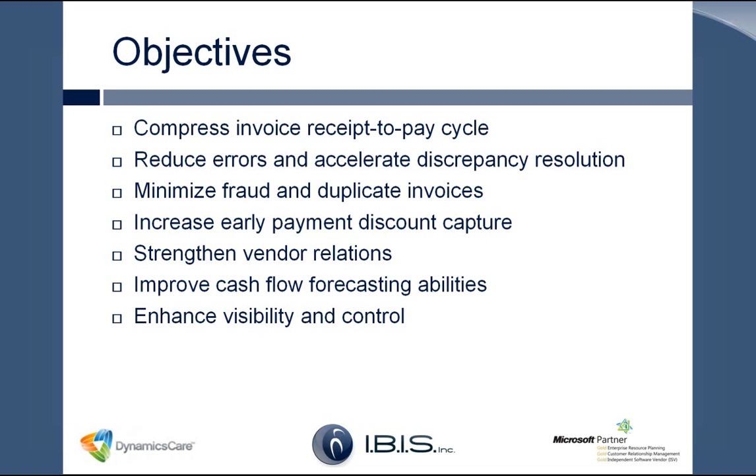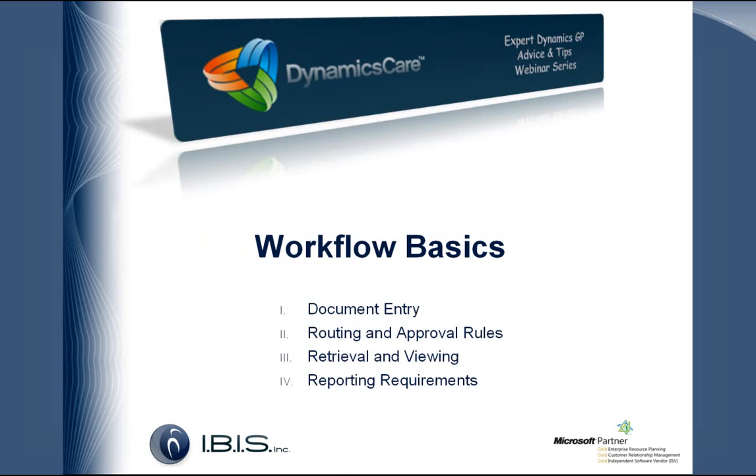So once you have visibility, then you can manage that, and then you can see where invoices are along the approval continuum. So again, it's all about shifting control once you're able to modify those. As the organization, just identifying what your primary and secondary objectives are is important as you go through the process of illustrating your workflow. So now we're going to jump right into workflow basics.